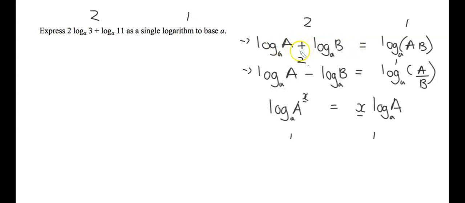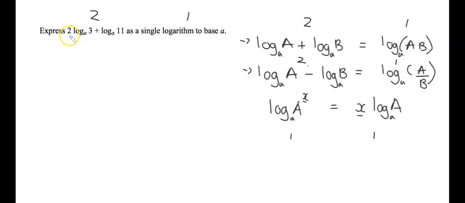Okay, but one thing we need to notice is that this rule does not have any numbers in front of the logs, whereas in our question there is a number in front of the log, and you have to be very careful with that. So that means we can't straight away use this top rule in this question. We have to deal with this 2.